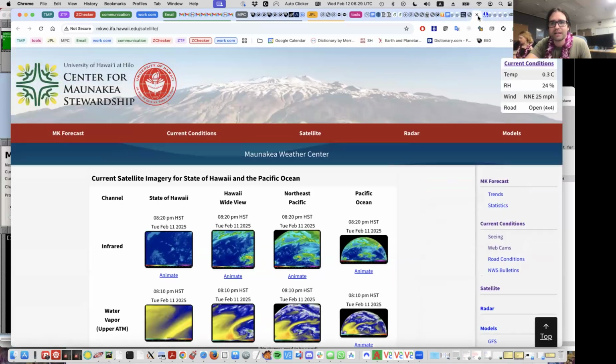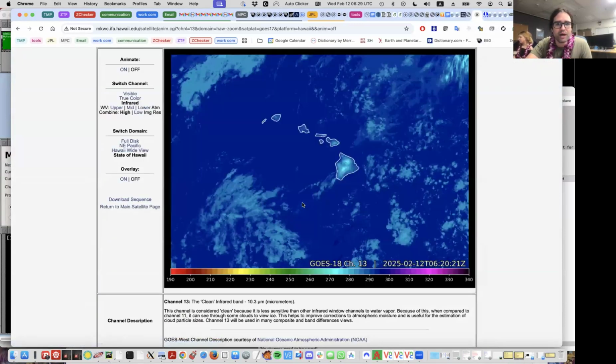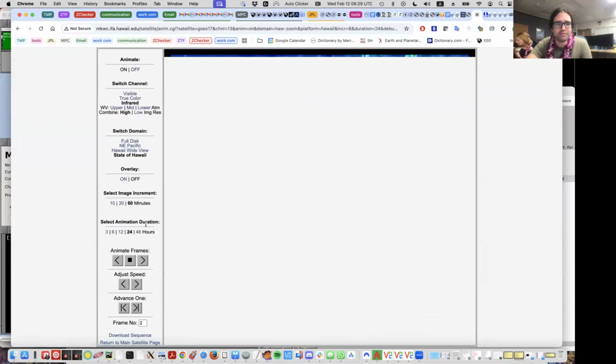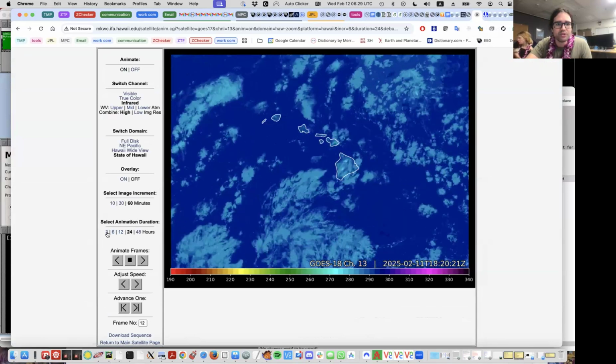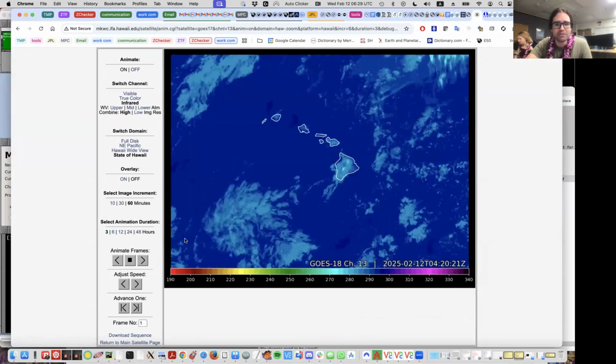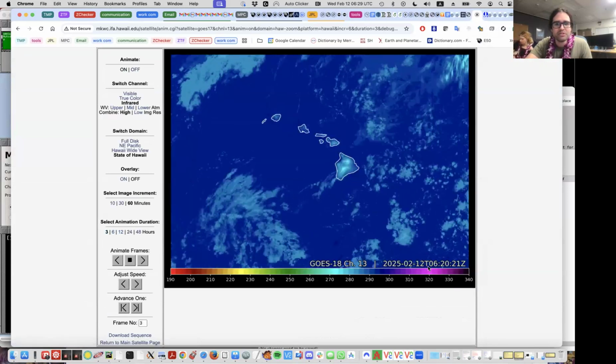You look at the satellite images. This is a zoomed-in picture in the infrared of Hawaii. We're going to turn on the animation for the last 3 hours. This is Zulu time, which is also known as UTC time.